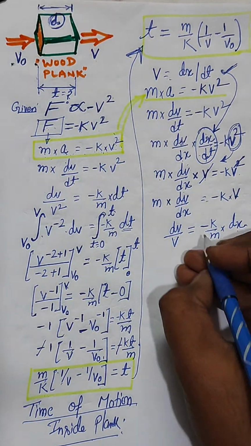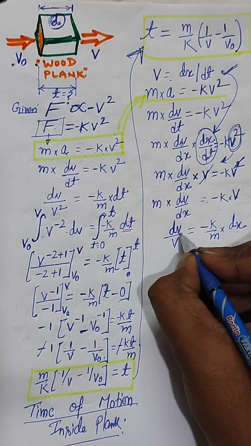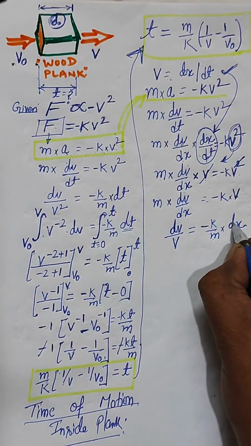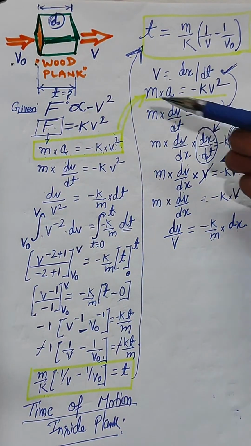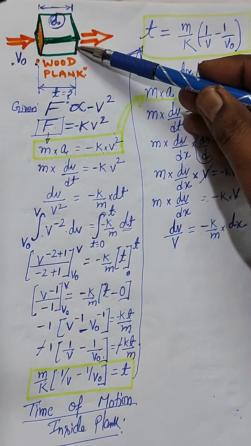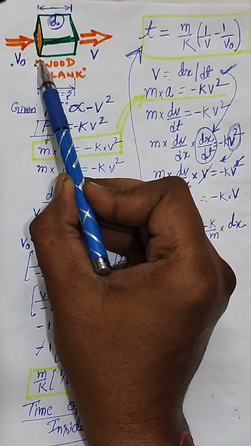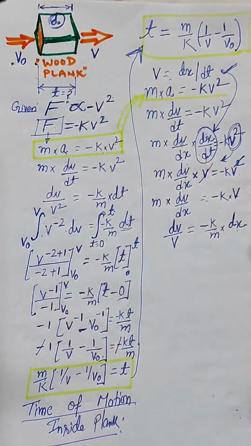So it will give dv by v is equal to minus k by m dx. dx is the small length varying from 0 to d. Okay, this is d, capital D.